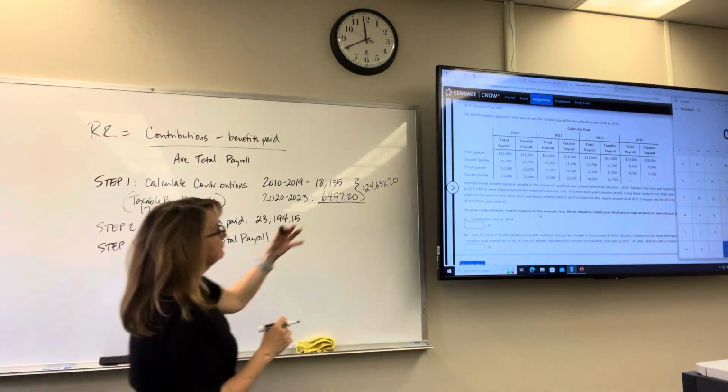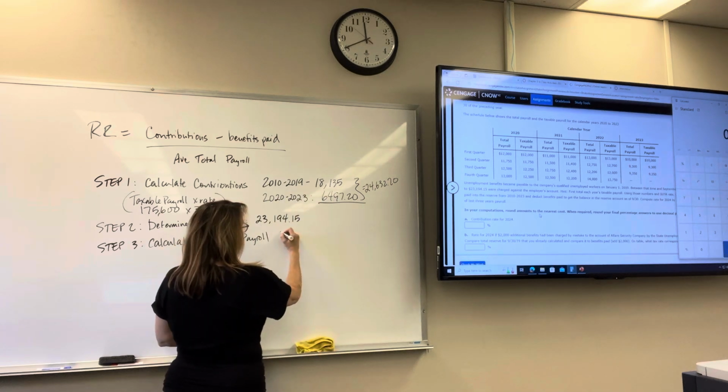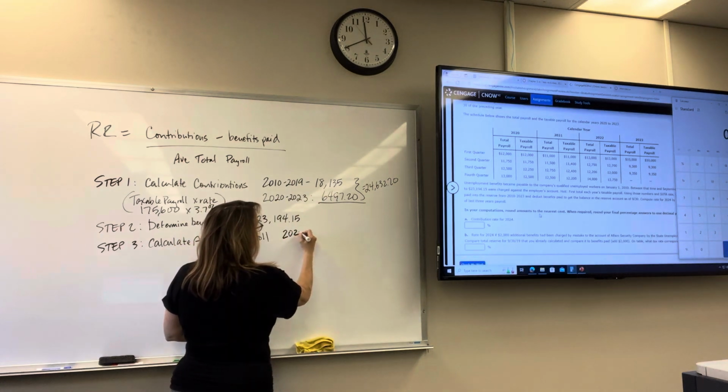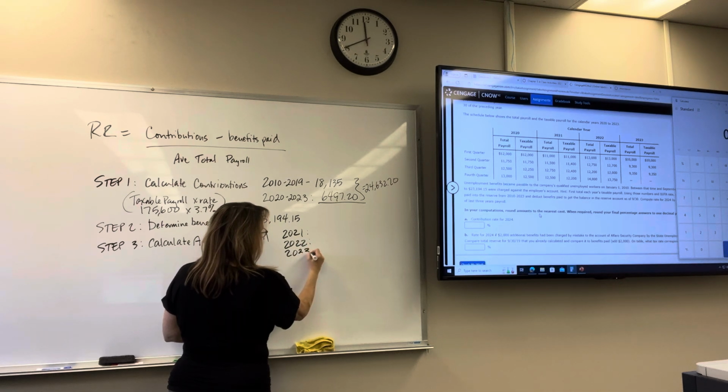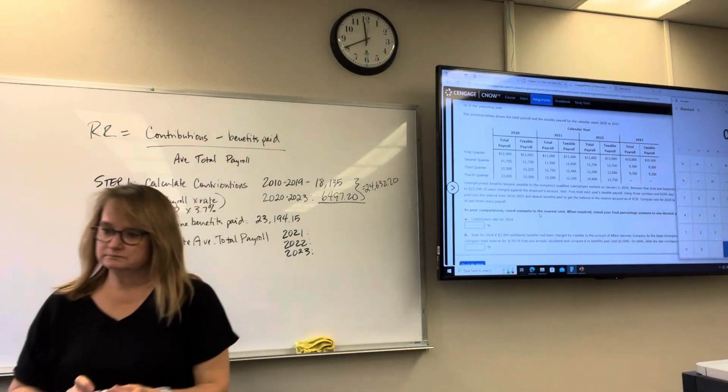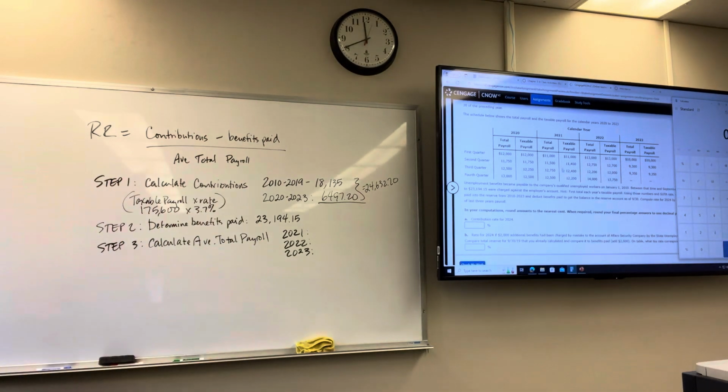We're going to call that first year 2021 because it ends in 2021. And then we need 2022 and 2023. All right. And then we're going to average those out.